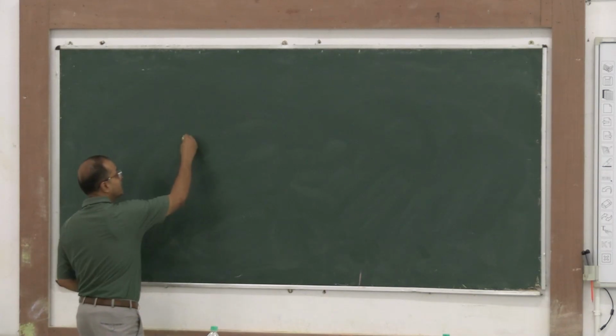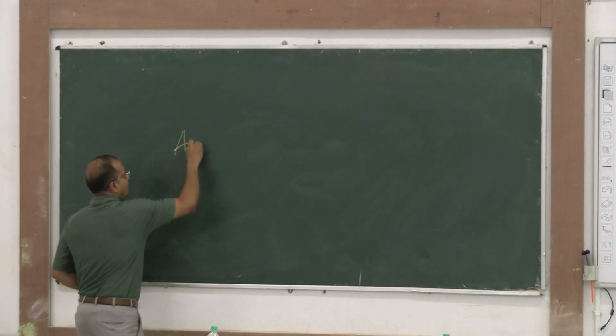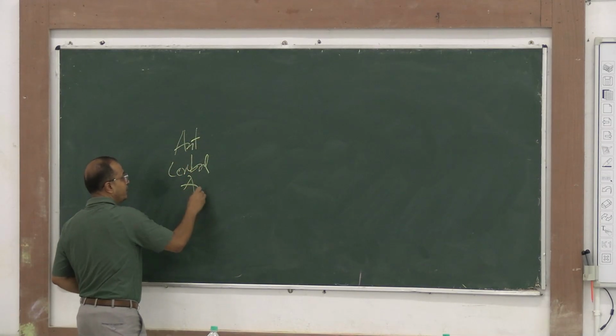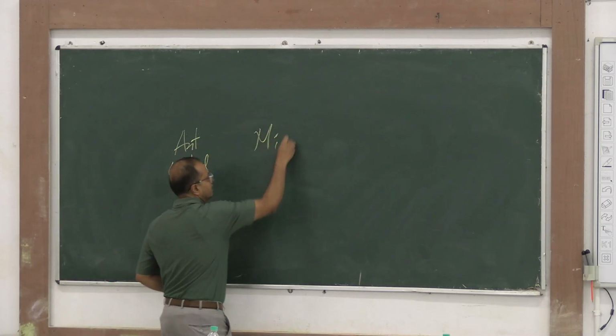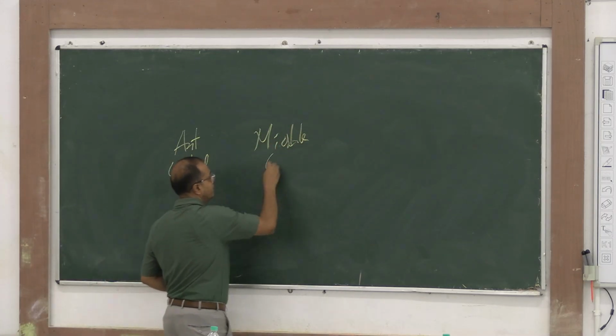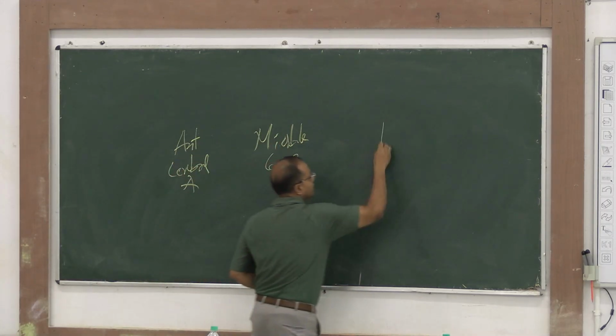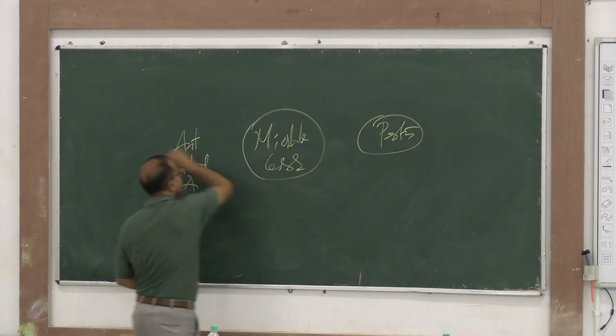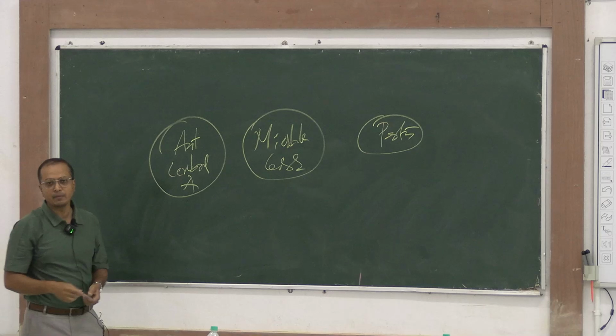So eventually we get three blood vessels: anterior cerebral artery, middle cerebral artery and posterior cerebral artery. So eventually we are getting these three major arteries coming in here.